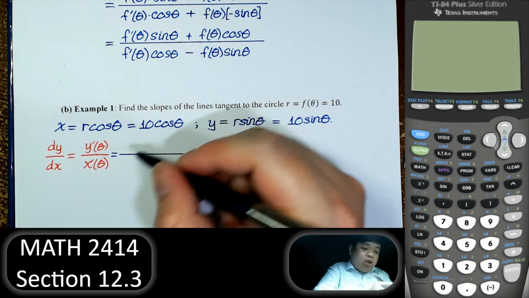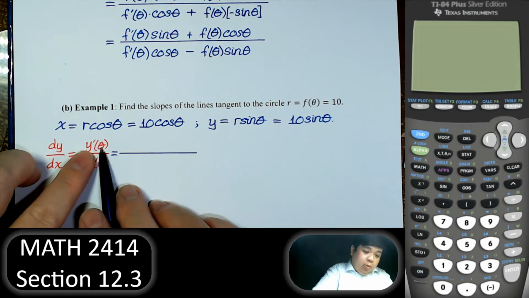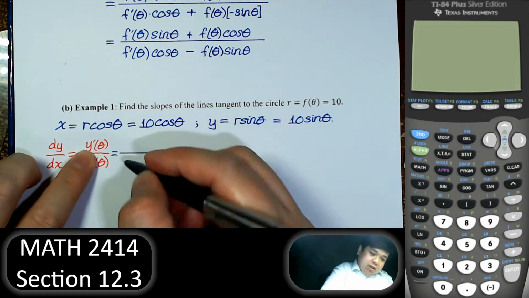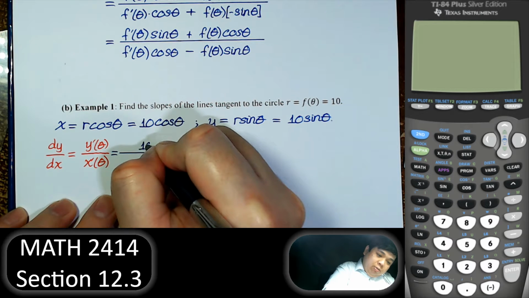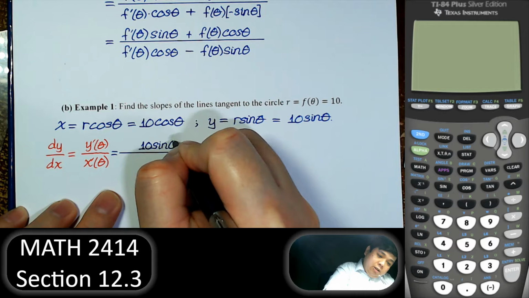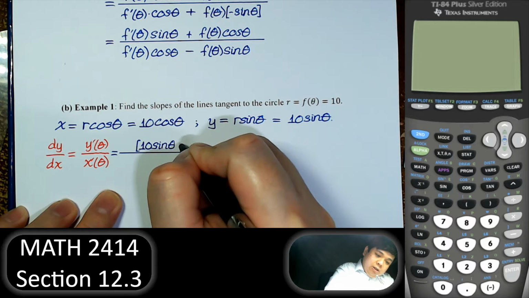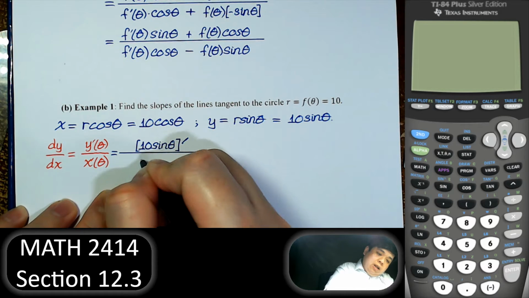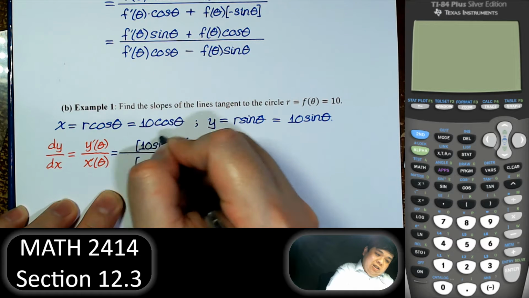My advice is to actually write out the derivative of y. So this is y. And then the derivative of x.